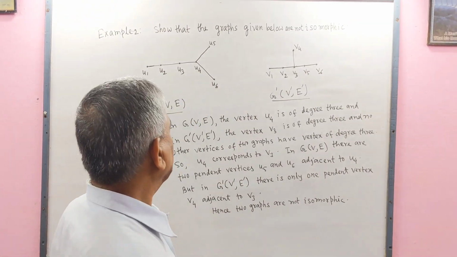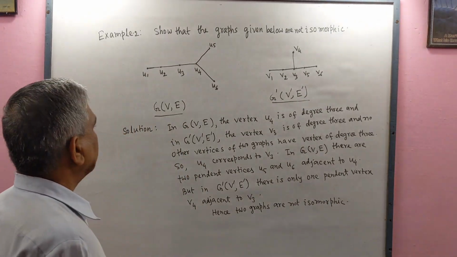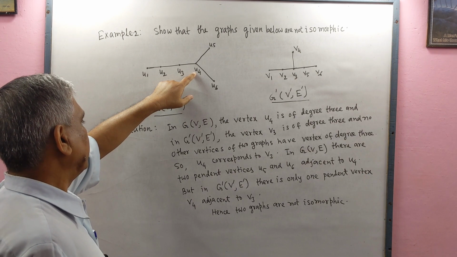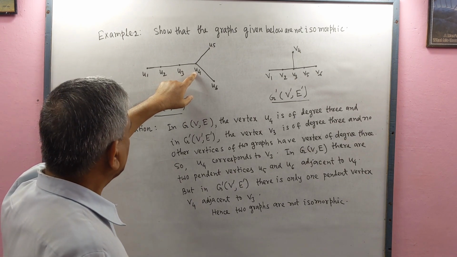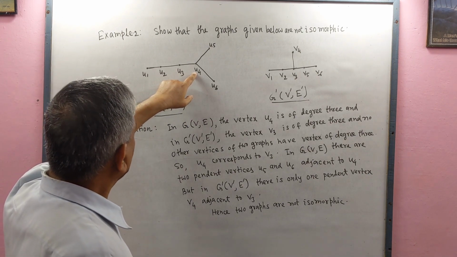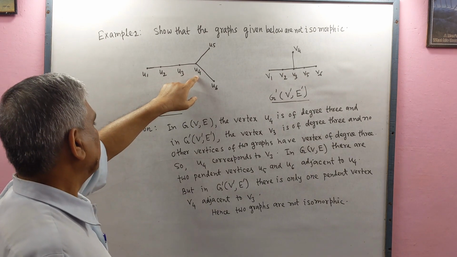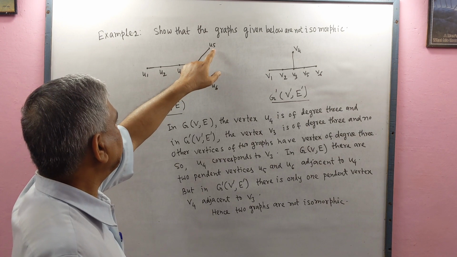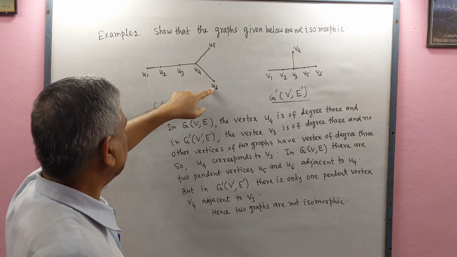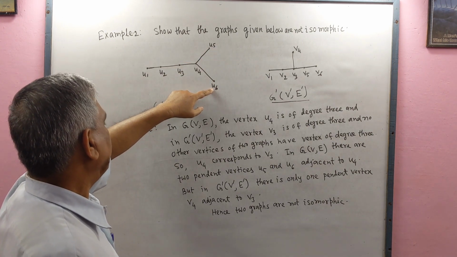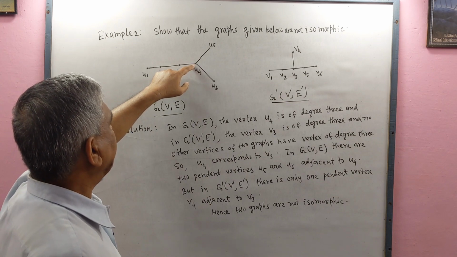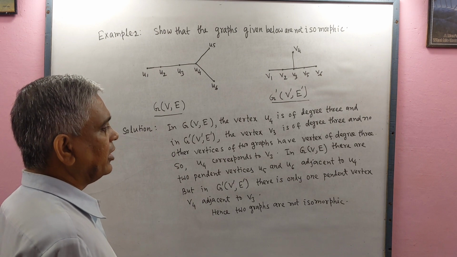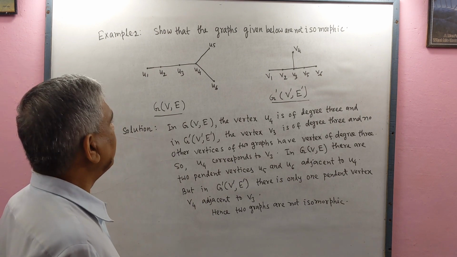Now here we see that U4 is a vertex such that two pendant vertices U5 and U6 are adjacent to vertex U4. A pendant vertex means a vertex of degree 1.